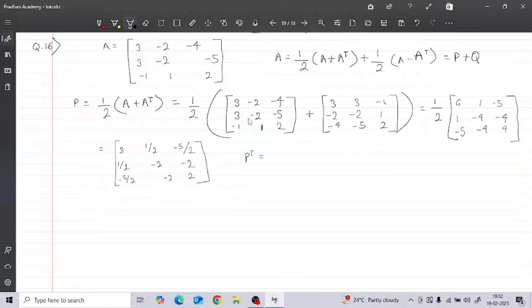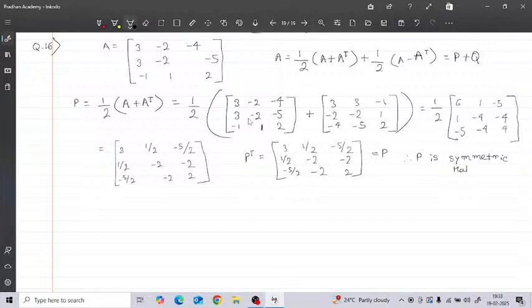After taking P transpose, we get the same matrix, that is simply equal to P. Hence, P is a symmetric matrix.